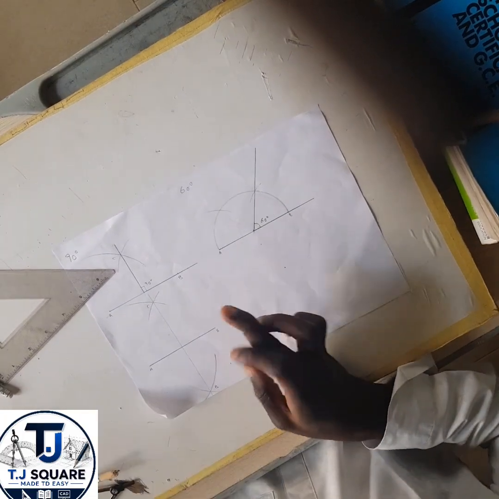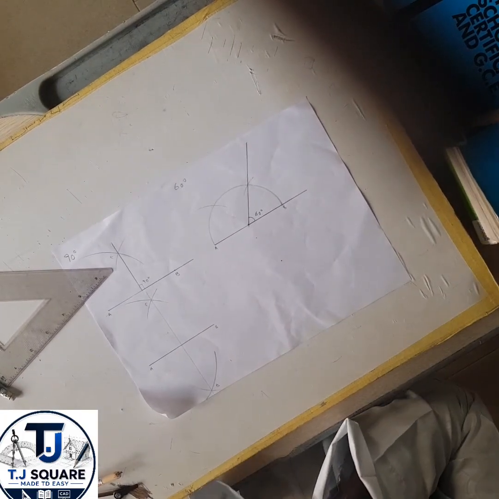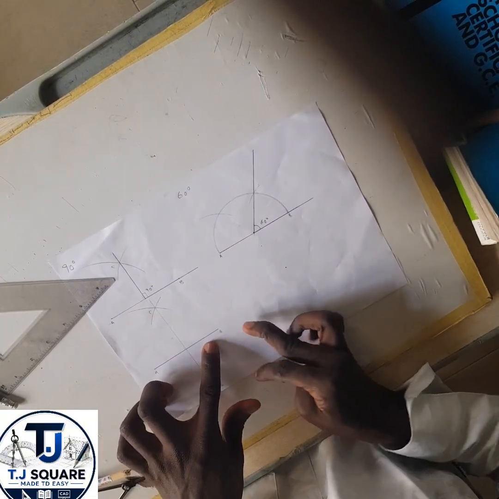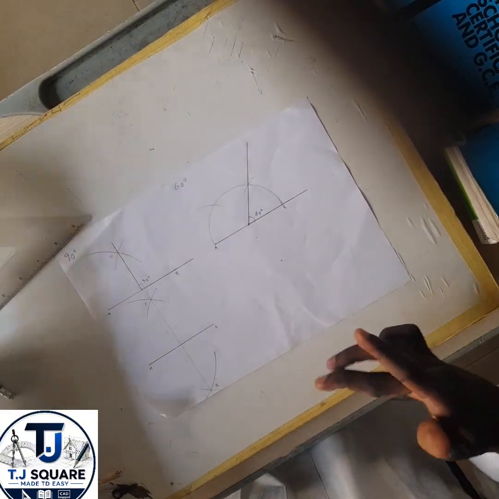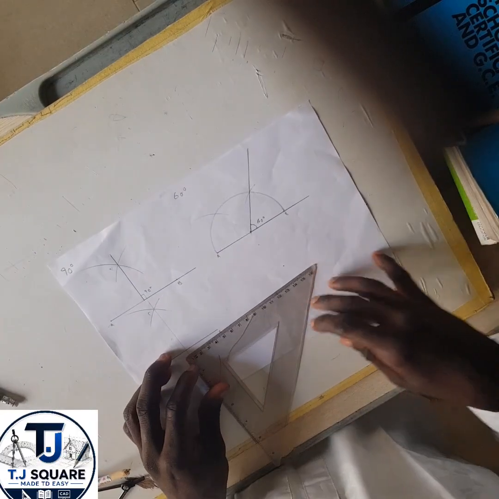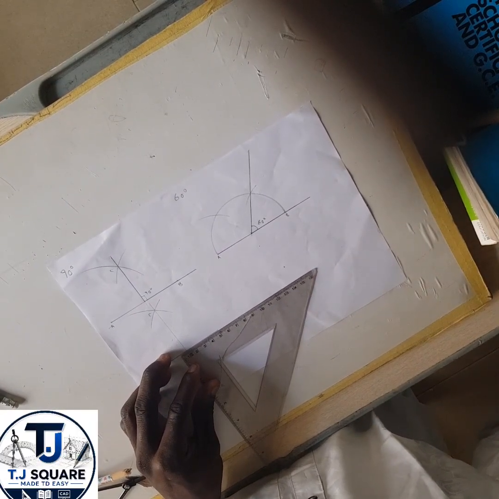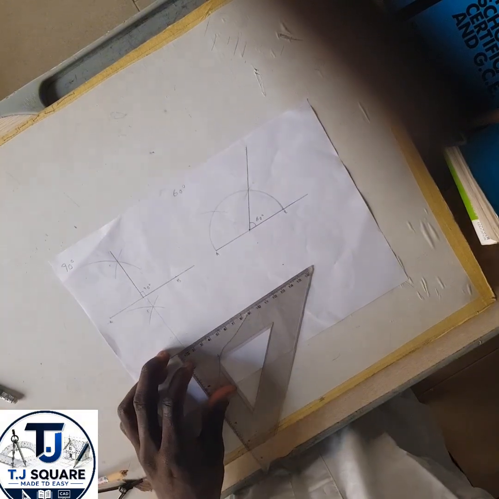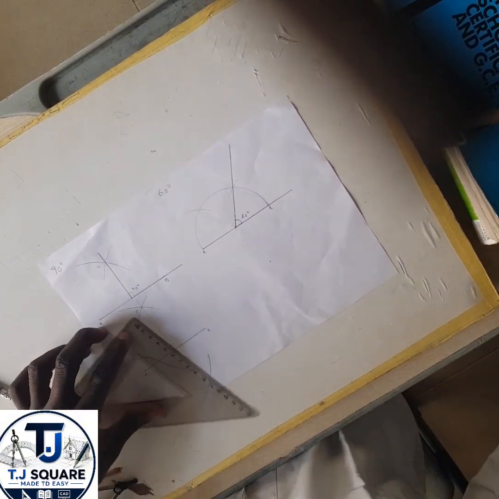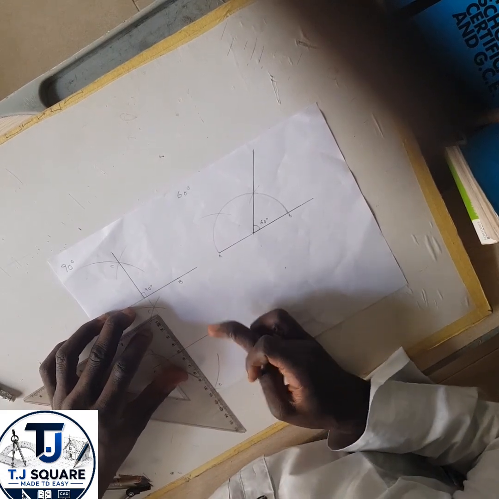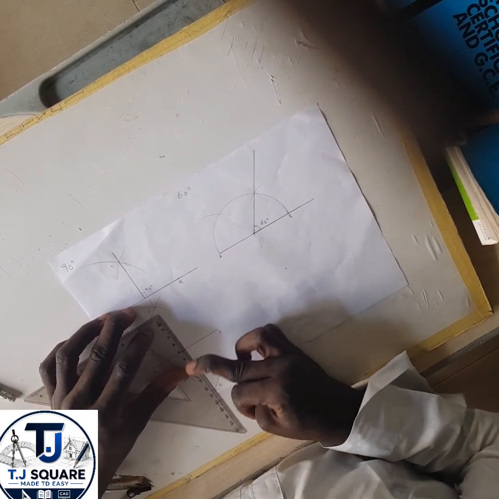So you bisect. What are you bisecting? You bisect C and B. This should be 40. So probably you measure 40 here, though you can as well use it that way.